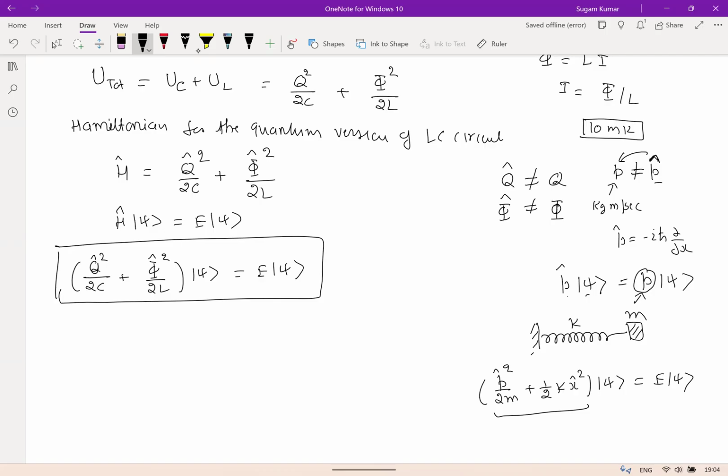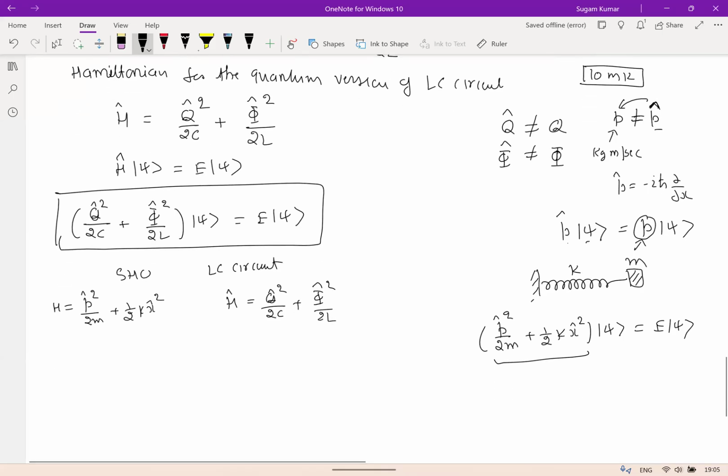It means the momentum operator in our oscillator is equivalent to the charge here. So if I write down, this is a simple harmonic oscillator and this is the LC circuit. The Hamiltonian here is P square by 2M plus 1 by 2 K x square, and here the Hamiltonian will be Q square by 2C plus phi square by 2L. The first thing.